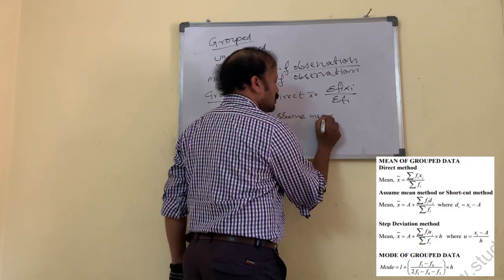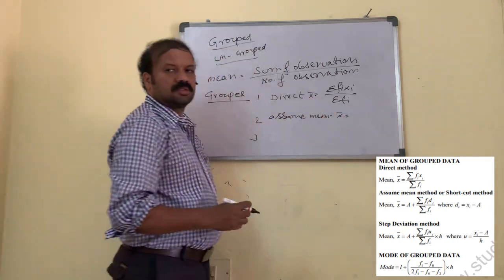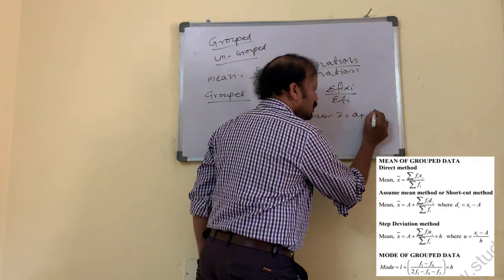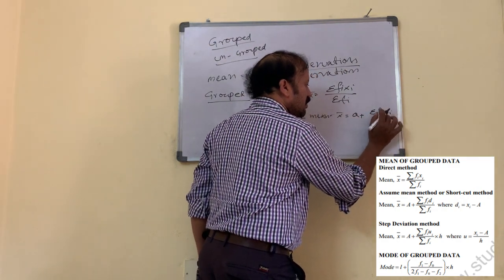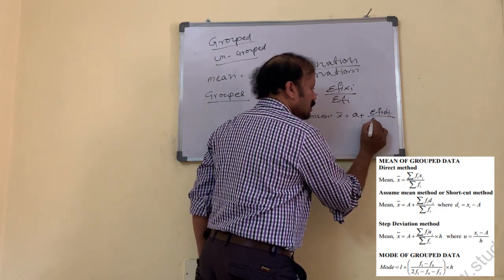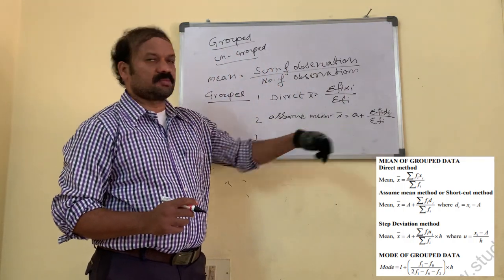Also x bar equals the formula a plus sigma fi di by sigma fi.